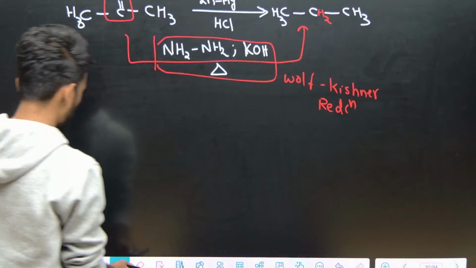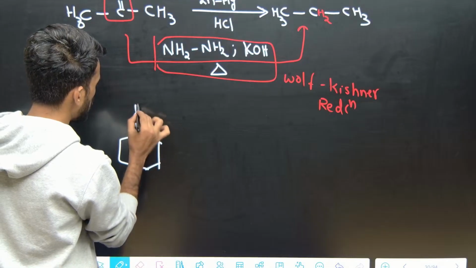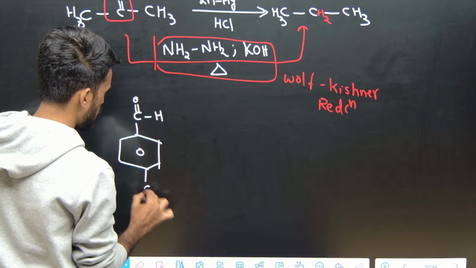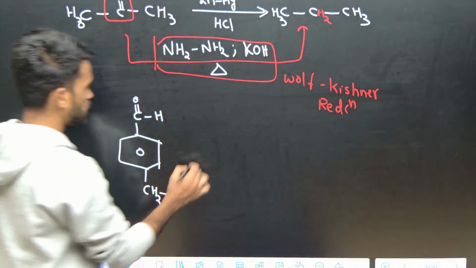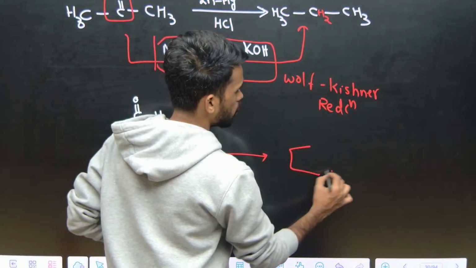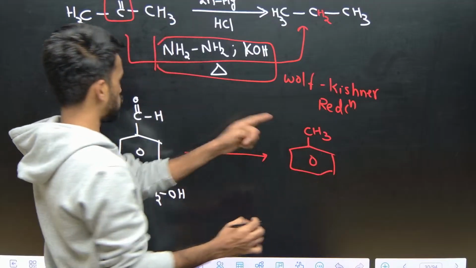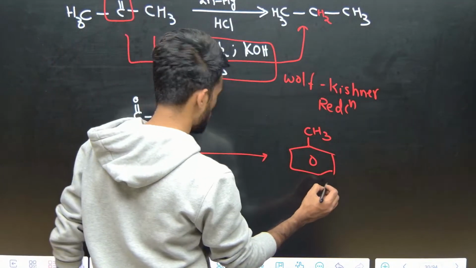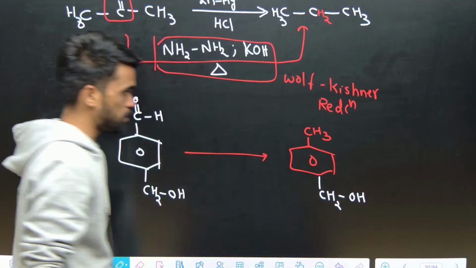The best example I am projecting here: I have an aldehyde, but here I have CH2Cl or OH. Now I just want to convert this into the respective alkane, removing the carbonyl group to a methyl group. I want that transformation, and this alcohol should not be affected, it should remain as it is.